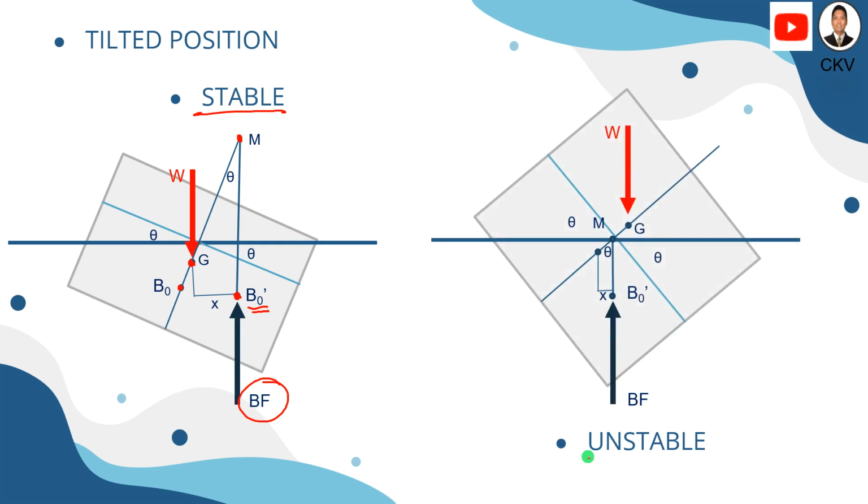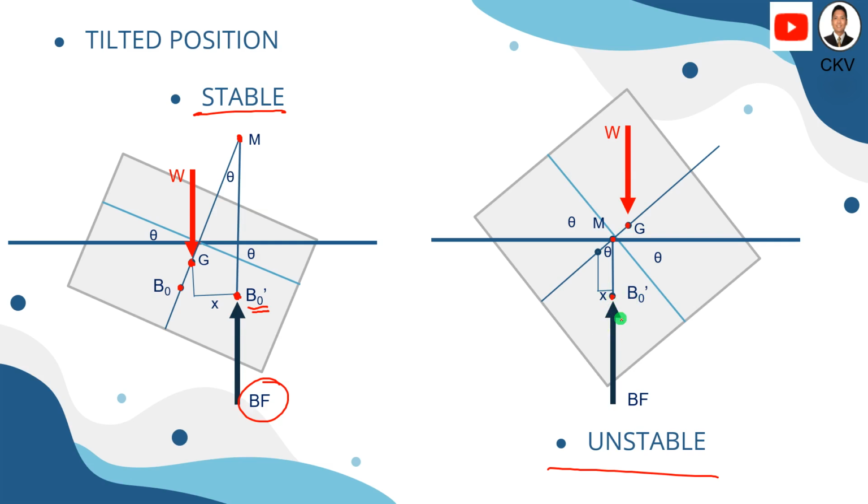It is said to be unstable if the metacenter is below the center of gravity. So again, this is our buoyant force here. This point is BO prime, the new position of the center of buoyancy.